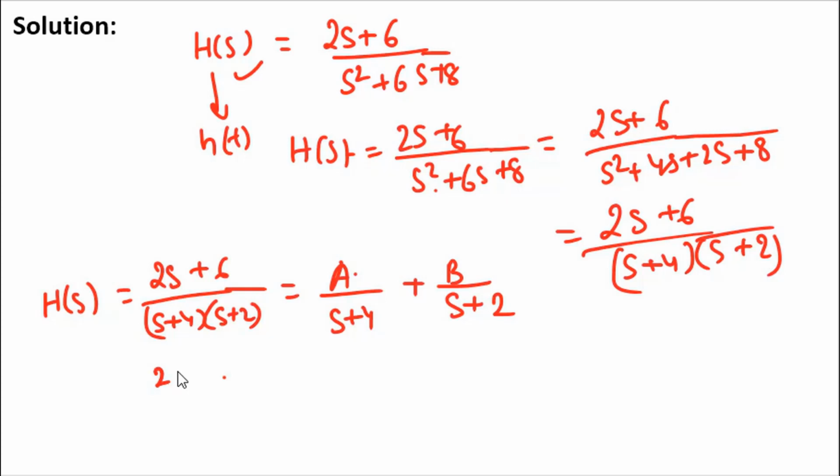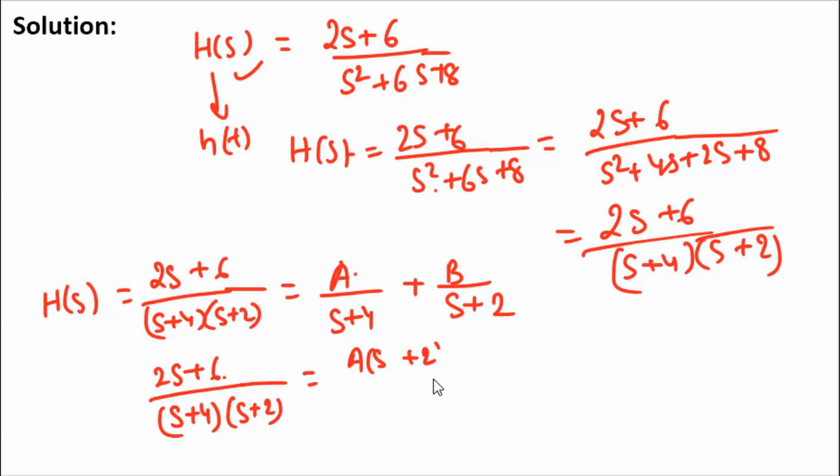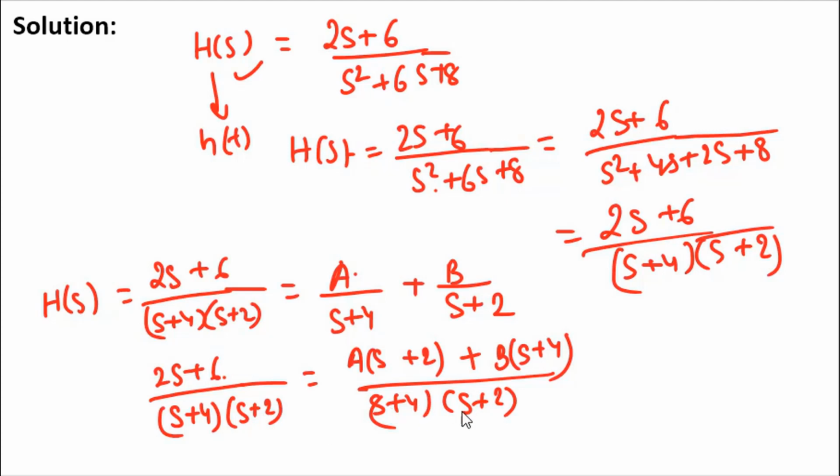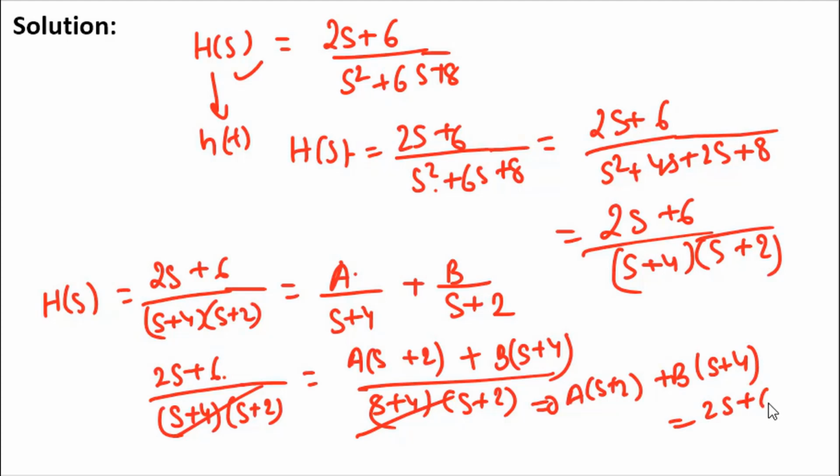Or you can write this as (2s + 6)/((s + 4)(s + 2)) equal to (A(s + 2) + B(s + 4))/((s + 4)(s + 2)). The denominators on the right and left sides cancel out, and you get A(s + 2) + B(s + 4) equal to 2s + 6.